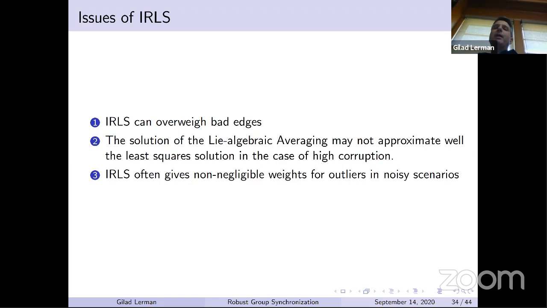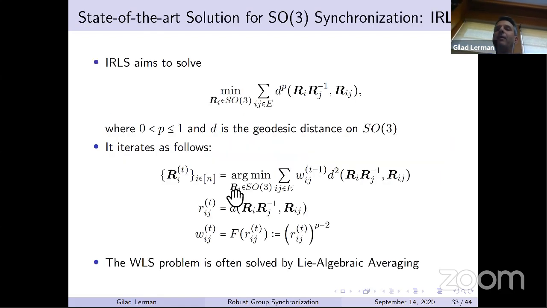A big problem is that it can overweigh bad edges. It's possible that for the bad edges, I can still have a small residual here, which will result in a very high weight. And actually, I want low weight for the bad edges.